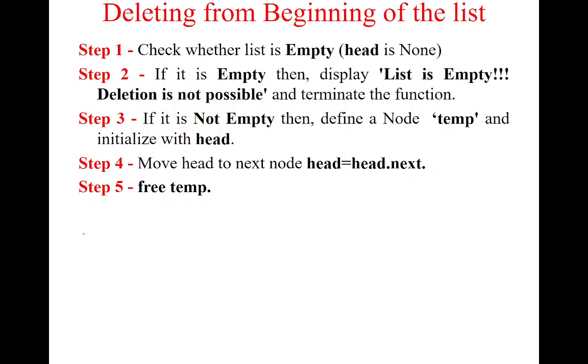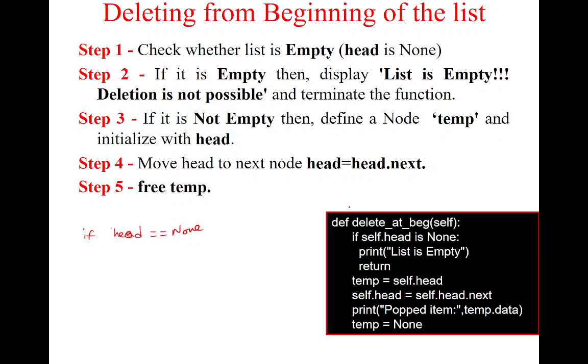So how do you check? We have to check if head equal to none. If it is so, you can see here head is none, then we are printing list is empty, we are stopping. Otherwise, if the list is not empty, again what we have to do? There are two cases. For example, I will take an example. Let us assume this is head.